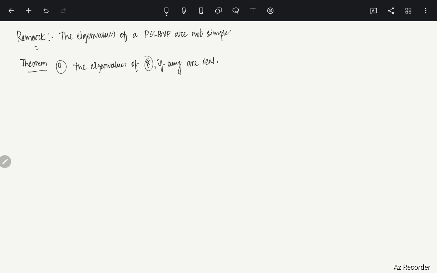So basically they are not simple, but they are going to be real. What is the proof? You use the exact same sort of proof we did for the regular Sturm-Liouville boundary value problem. Only you remember, the boundary data is different. Use that boundary data and you show that they are going to be real. Exactly the same sort of proof works, just a little tweak is required. I hope you can do it yourself. So this whole theorem is for you to check.